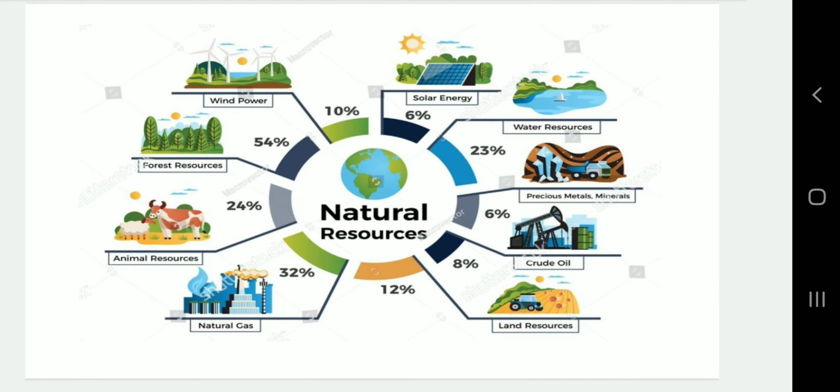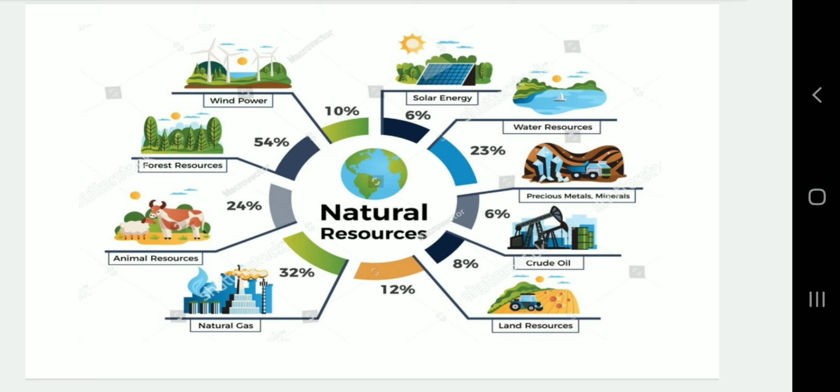Natural resource, we have got 10 percentage as wind power. Our classification is broadly based on our use, how human beings use them. So 10 percentage comes from wind, 54 comes from forest resource. Forest resources are key players for human civilization, for human utilization.